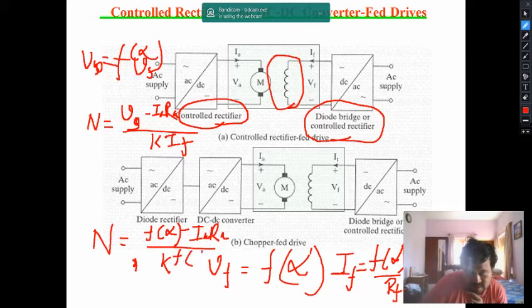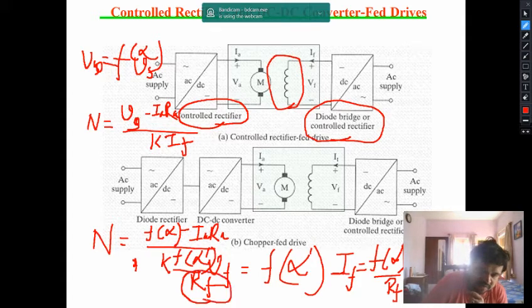It will become a function of alpha dash by Rf, provided you are keeping the resistance of your field circuit constant, and obviously the armature resistance will also be constant.